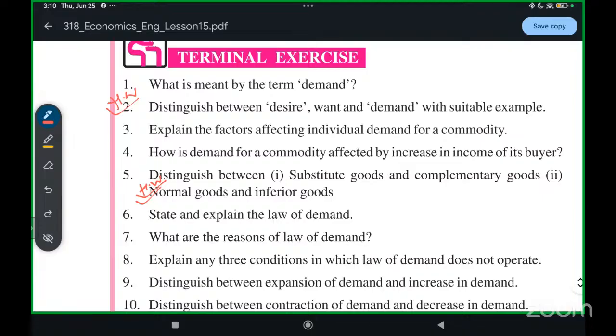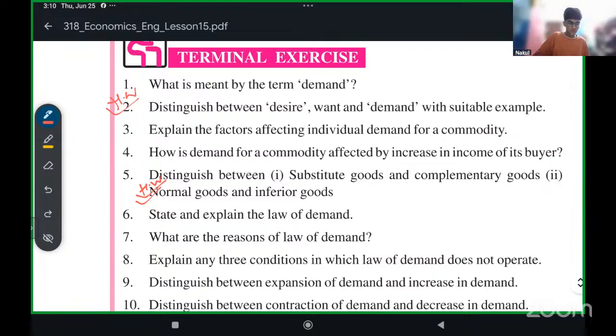What is the law of demand? The second and fifth questions are homework, right? The definition of the law of demand is on page 51.